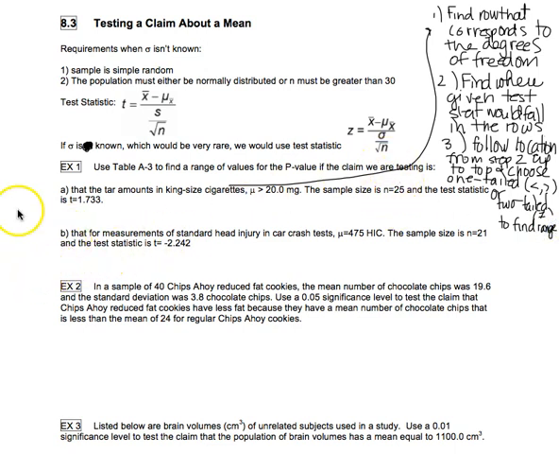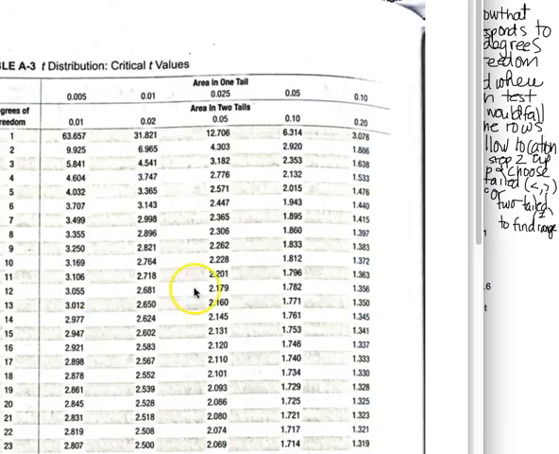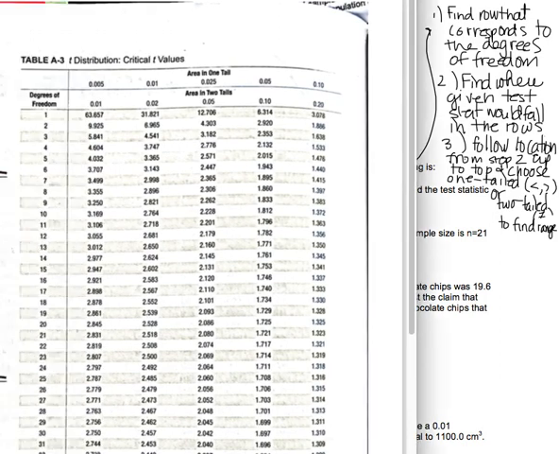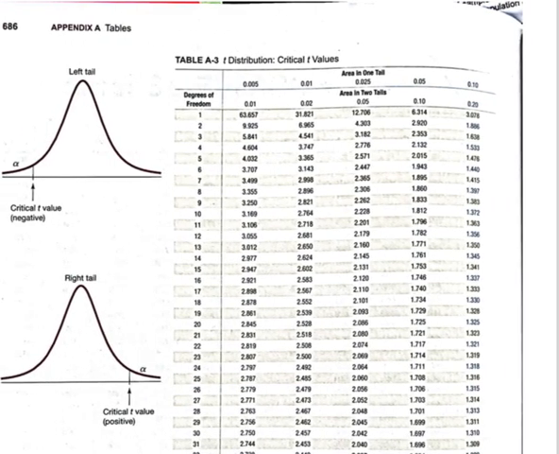So here, the information that we need is that our sample size is n equals 25. So that means that our degrees of freedom would be 24. And then we need to know that our t, our test statistic, is 1.733. So I'm going to bring up the table now. Of course, it's really big. Let me resize it here so it fits.